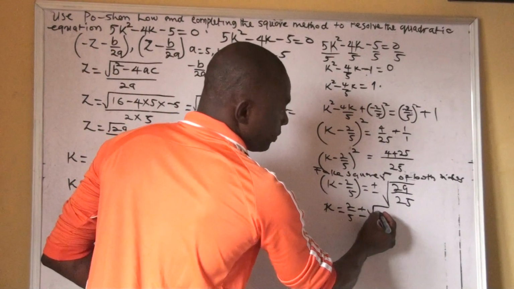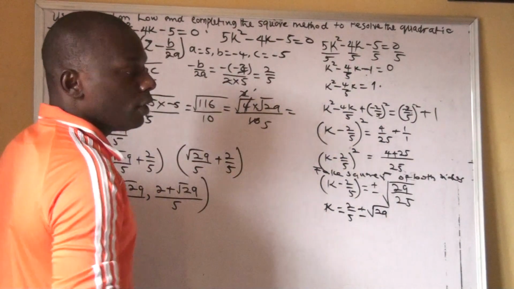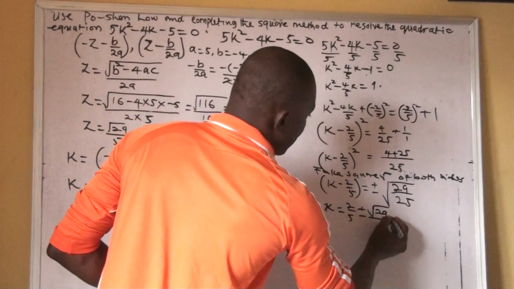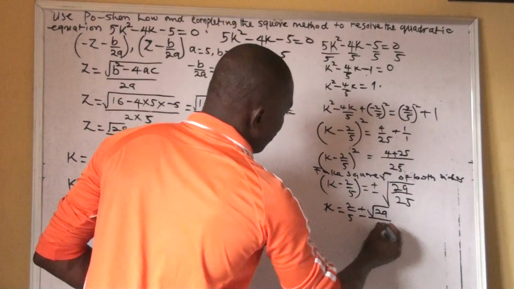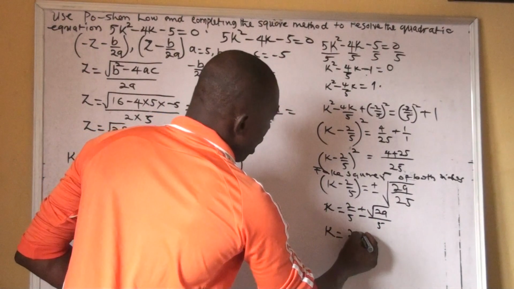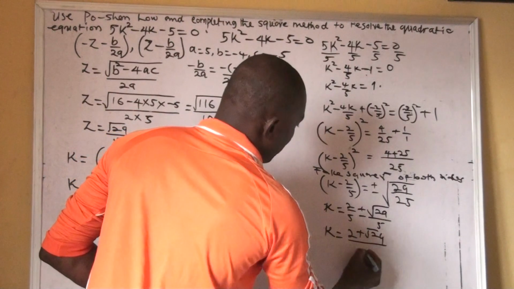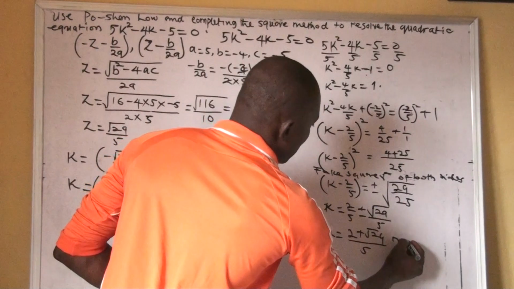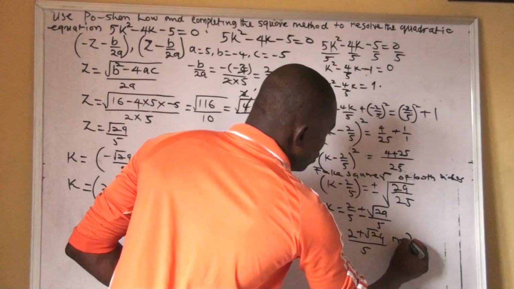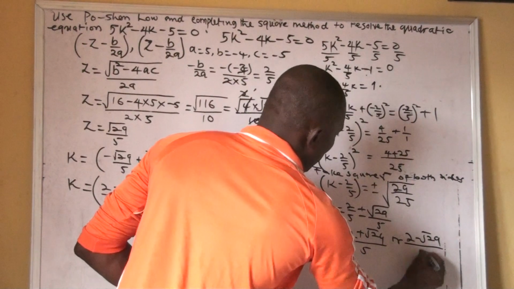There's no complete root in form of whole number, so we leave it like that. All over the square root of 25, which is 5. So k is equal to 2 plus root 29 over 5, or 2 minus root 29 all over 5.